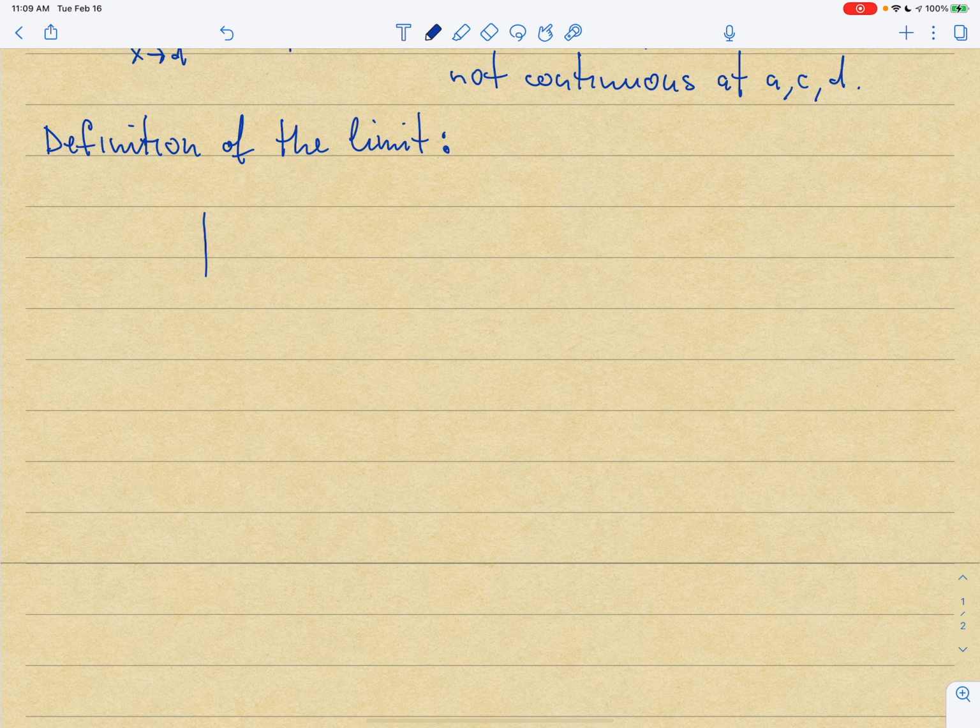So let's do a picture. Say I have a function. I have some point a on the x-axis. So maybe my function looks like this.